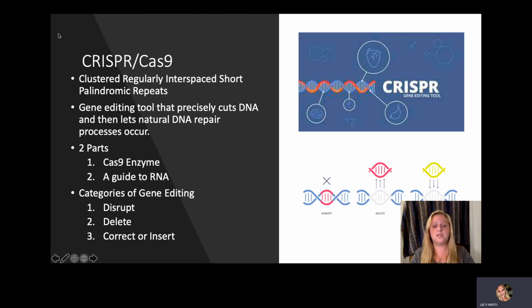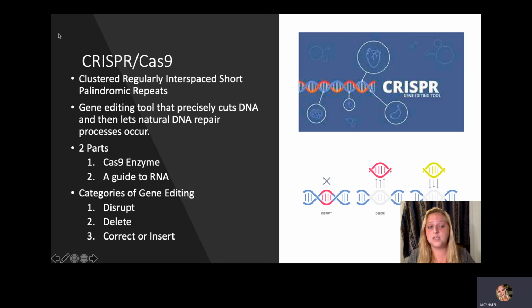So some of the things that have come out of the study of epigenetics is CRISPR-Cas9. This is an amazing, revolutionary piece of science. CRISPR stands for Clustered Regularly Interspaced Short Palindromic Repeats. It is a gene editing tool that basically cuts DNA and then lets natural DNA repair processes occur.